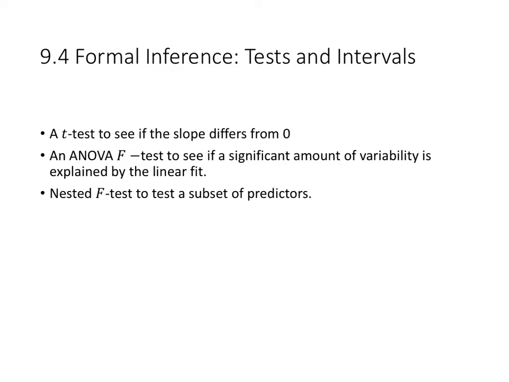The other extreme was the ANOVA F test, and we used that to check the general overall fit of the model. And then finally, we looked at something in between those two. The nested F test allowed us to test a subset of predictors. So we're going to do something similar in this section and in Chapter 10. The test will be different, but the ideas will be the same.